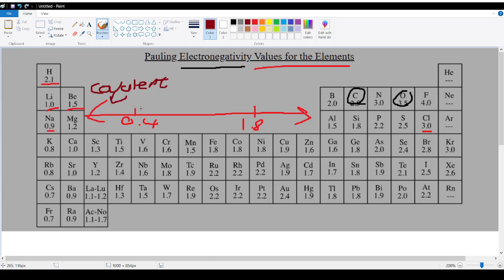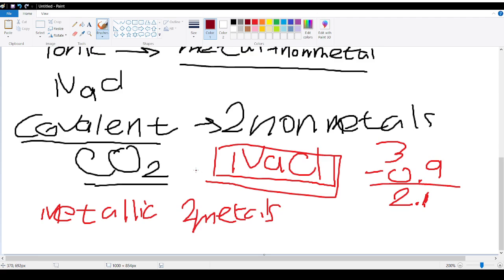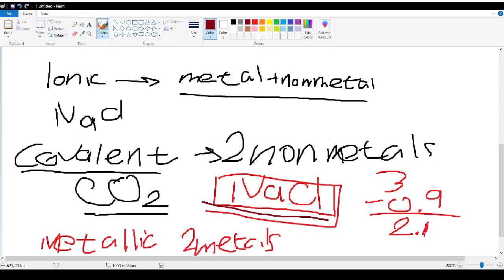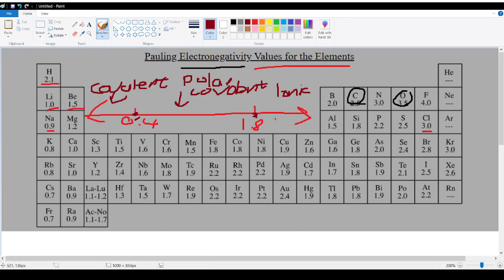I'll get to an example when it's exactly 0.4 on the line. This is not ionic. This is called polar covalent. And here's ionic. This is why metallic is almost not heard of, but still, you should know this. So, in this example, they'll say it's ionic, and the beginner is right. It's 2.1, which means it's greater than 1.8, so it's ionic.